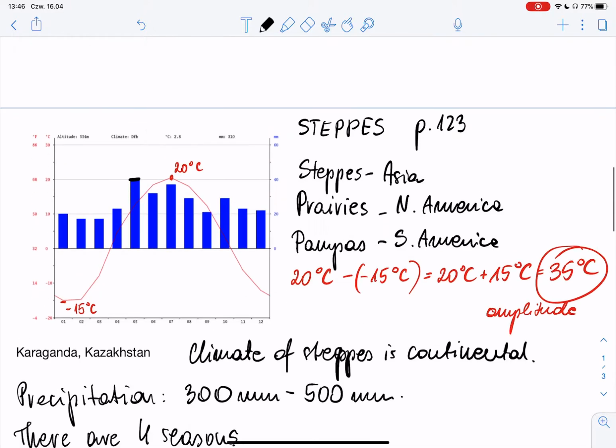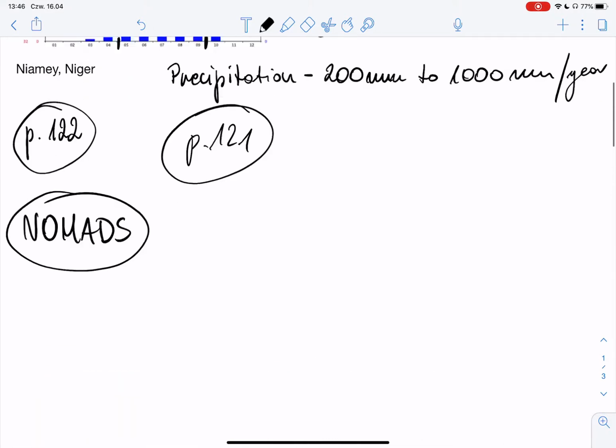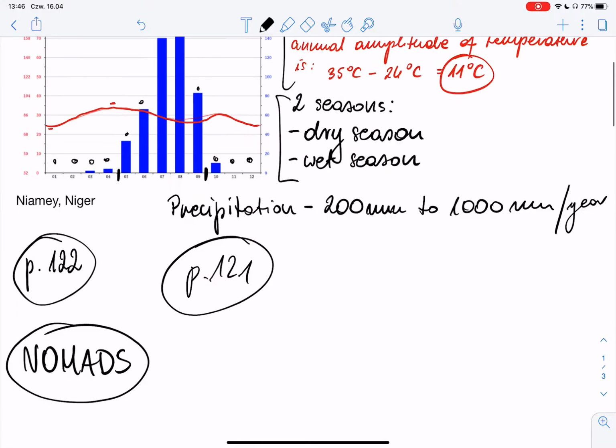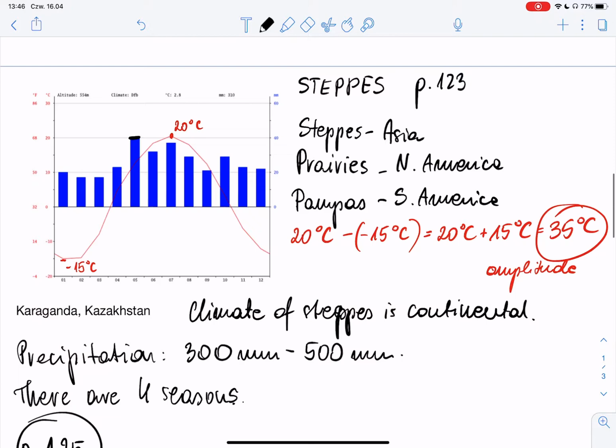So guys, what's the most important? Amplitude of the temperature in savannas is quite low, and there are two seasons, and also amplitude in steppes is quite high.